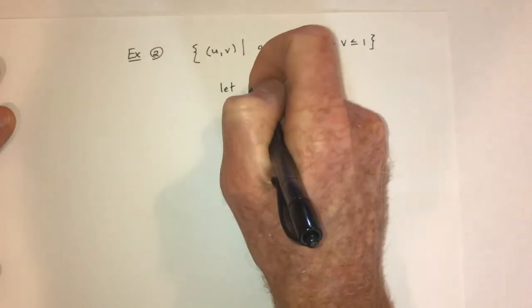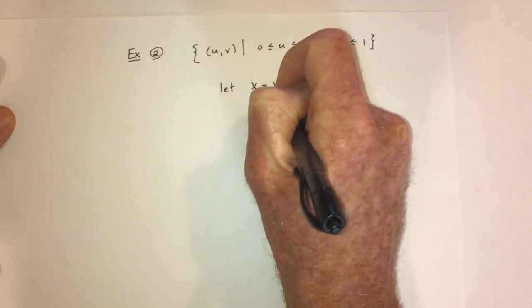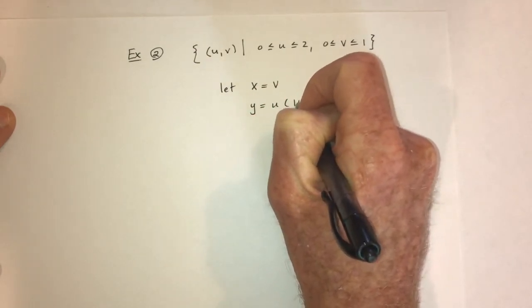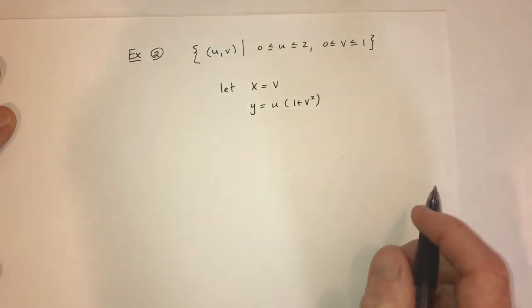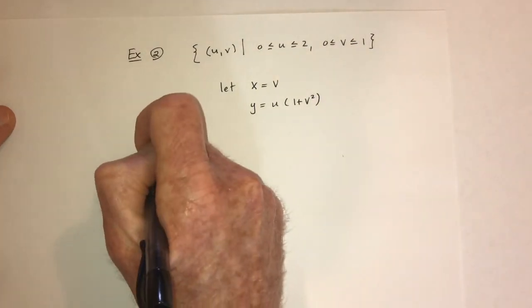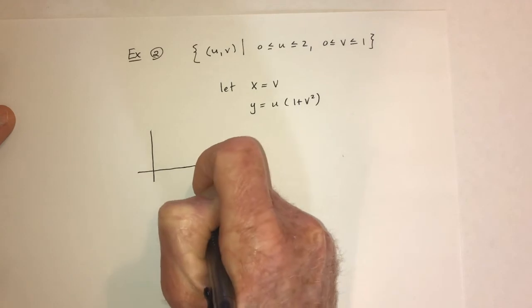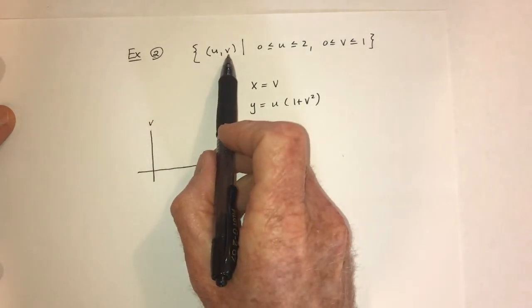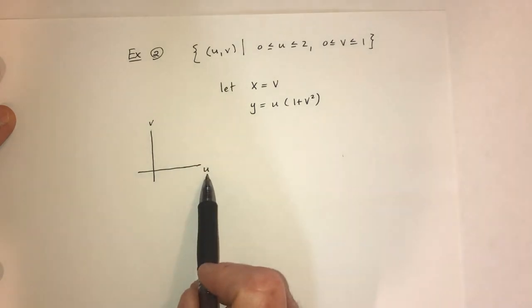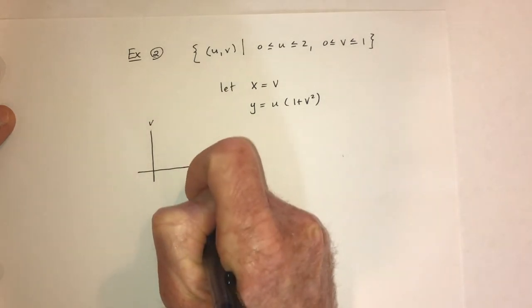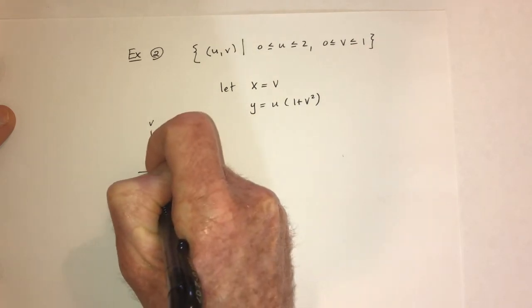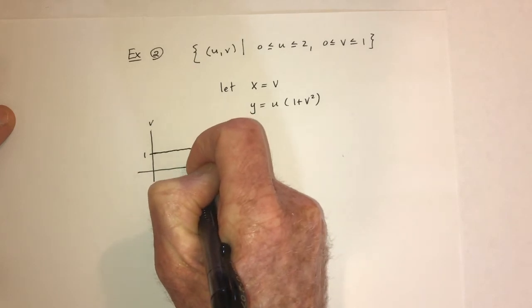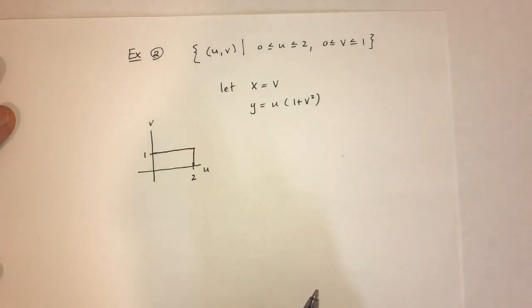Then let x equal v and y is equal to u times 1 plus v squared. So to begin with, in the u and the v system, so this is like the x and this is like the y, the u goes first, so that goes here. That's going from 0 to 2. And the v is going from 0 to 1. And so that makes a little rectangular box just like this.